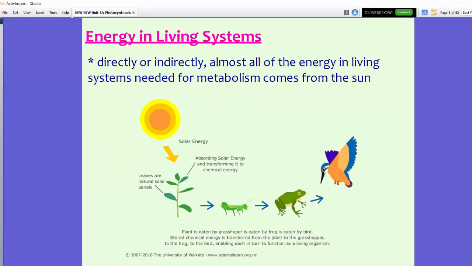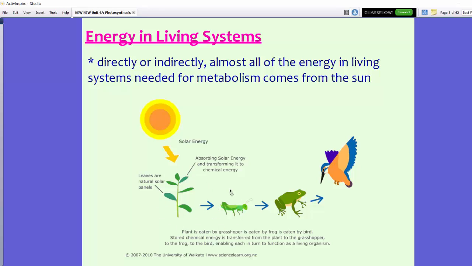Now, directly or indirectly, almost all the energy in living systems needed for metabolism comes from the sun. If we take a look at this little picture here, we have the sun. The solar energy is being absorbed by special organelles in leaves. As we've discussed, they're chloroplasts. This transfers itself into chemical energy.